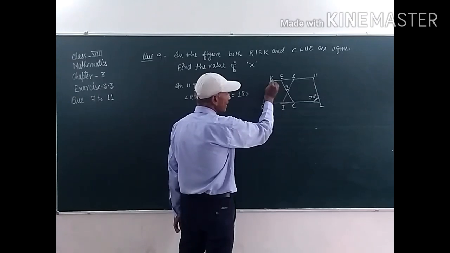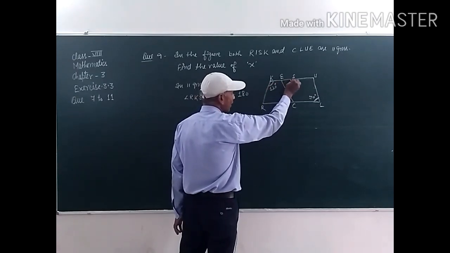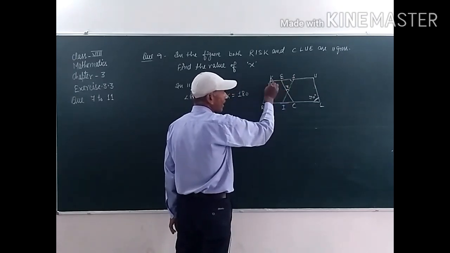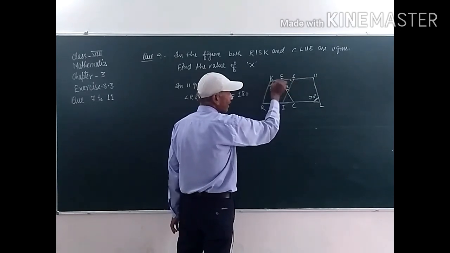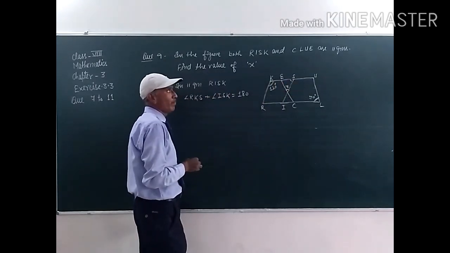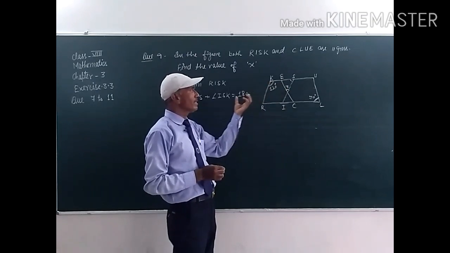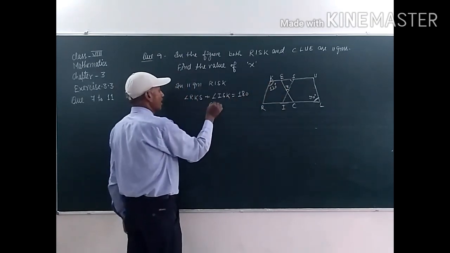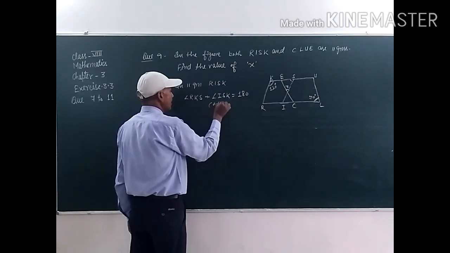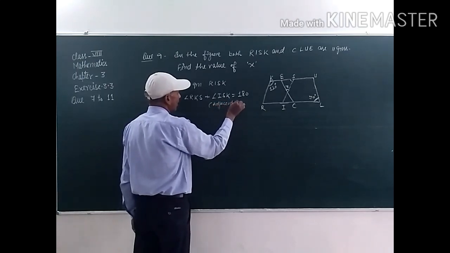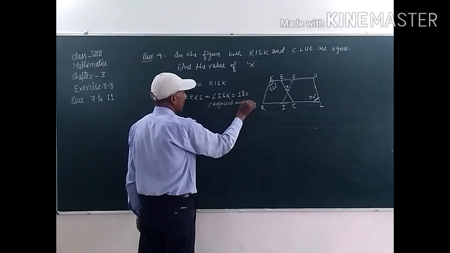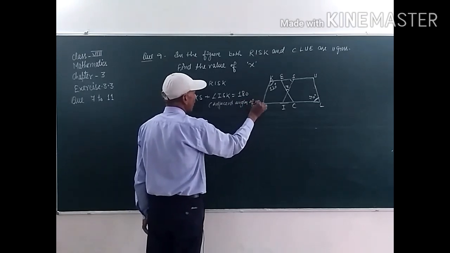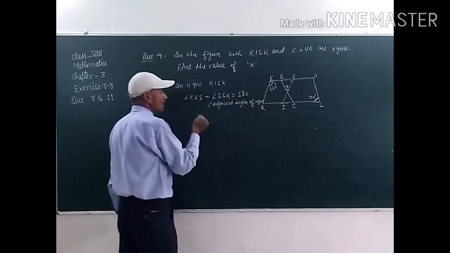Why, students? This angle plus this angle, this one, is equal to 180 degree because adjacent angles of parallelogram. These are adjacent angles and their sum will be 180 degree. This one is the reason.